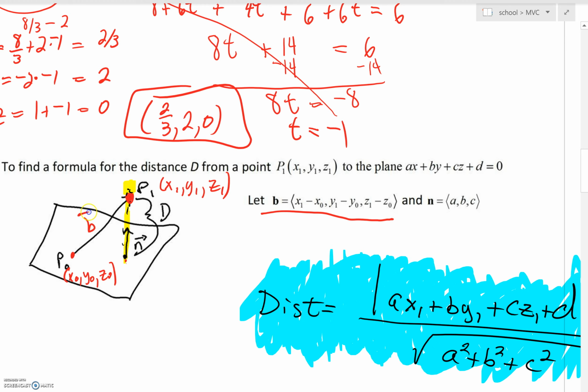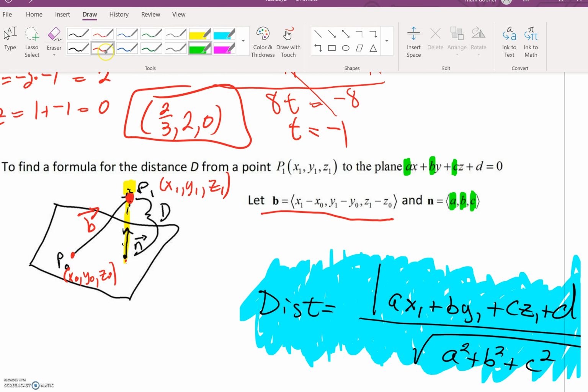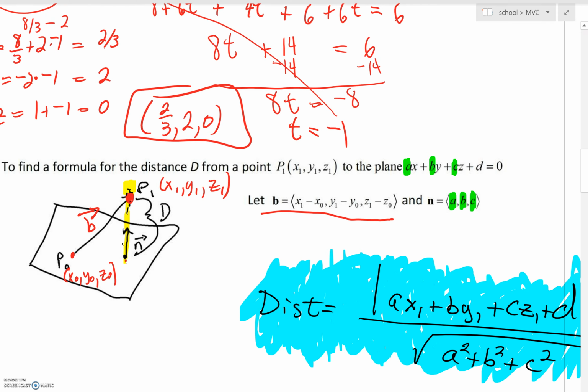So this would be vector B that I've just drawn in there. And of course, every plane is going to have a normal vector. Look, if this is the equation of our plane, I hope it really jumps out at you very quickly that the coefficients of your variables would correspond to a normal vector in component form. So that vector is going to be perpendicular to the plane.